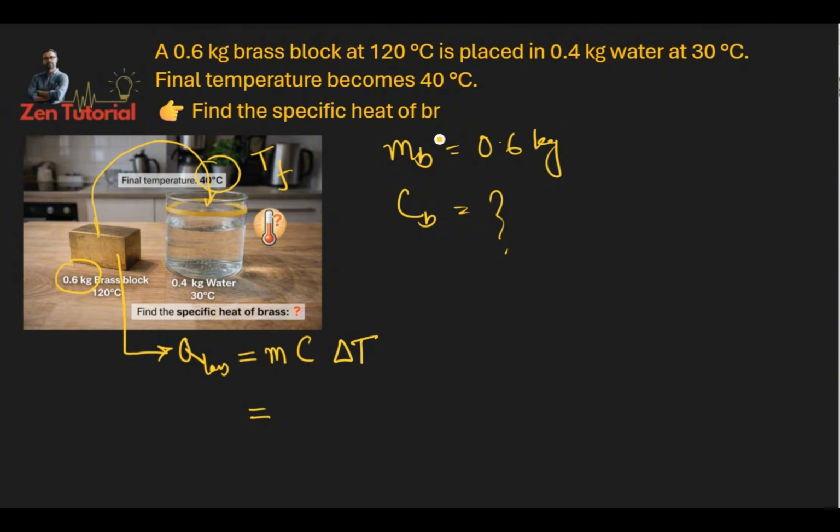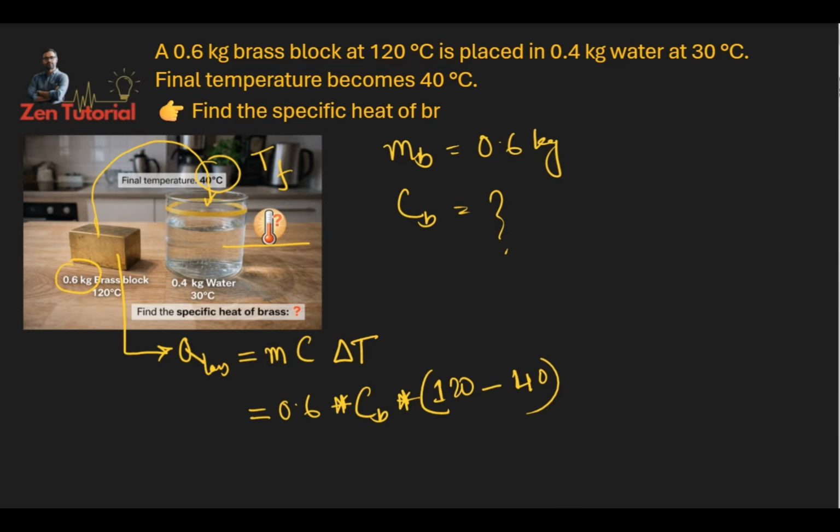The value is 0.6 kg, the specific heat of the brass that we have to calculate, and the temperature difference, that is 120 minus the final temperature, that is 40 degrees Celsius.